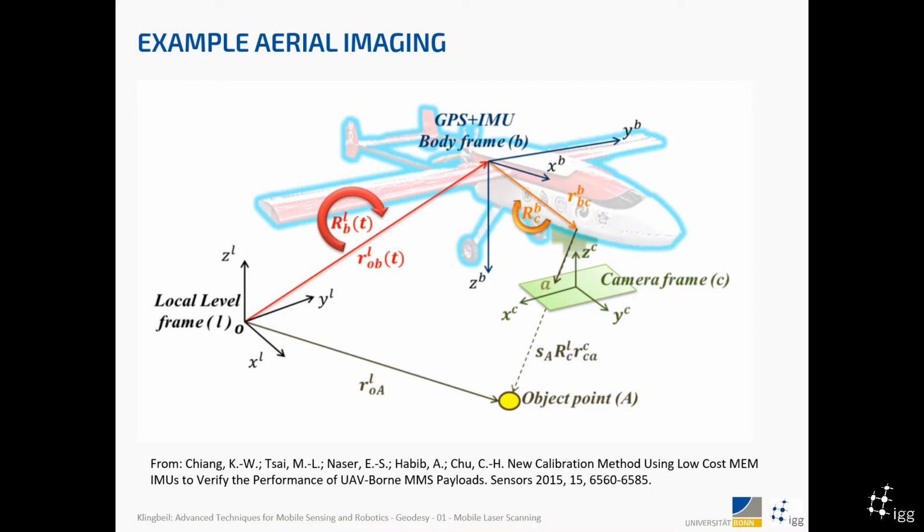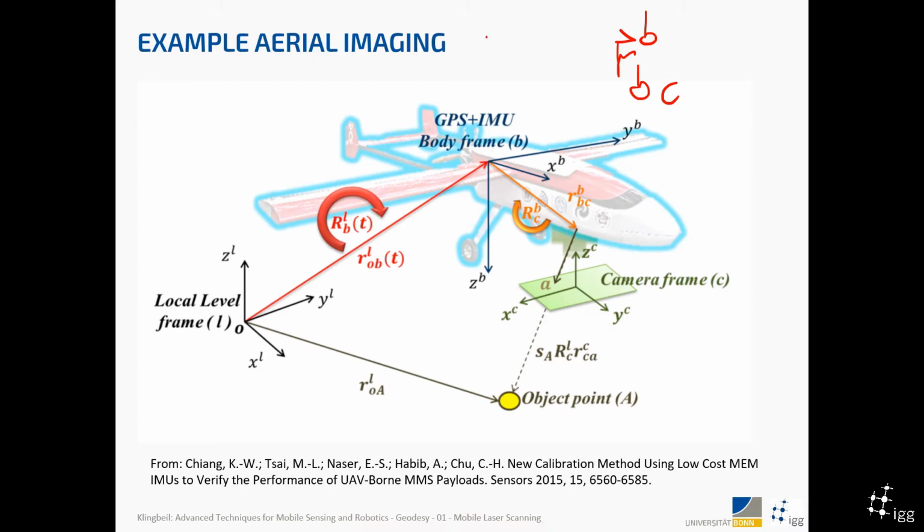So this is maybe a good point where we should remember the notation of these transformations. This is a vector of the camera frame with respect to the body frame, given in coordinates of the body frame. This notation is used very often.